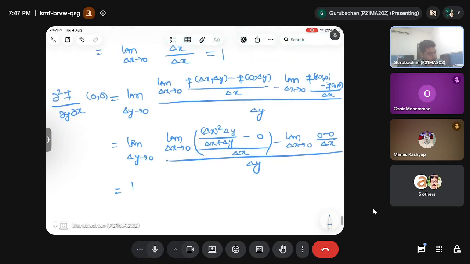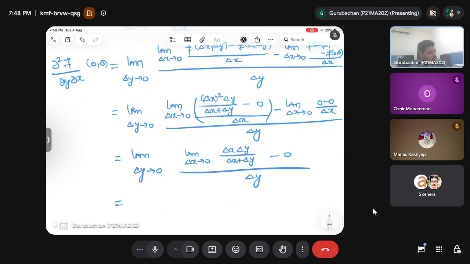So this will be limit delta x tending to 0, delta x delta y divided by delta x plus delta y, minus 0, divided by delta y. So from here you will get limit delta y tending to 0, 0 minus 0 divided by delta y.